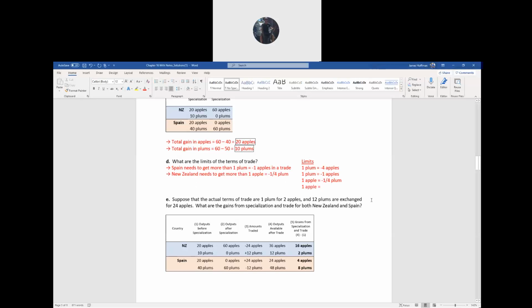Okay, or -1. There we go. Okay, so do you see how both of these conditions kind of say the same thing? So this one is in terms of plums, and this one is in terms of apples.